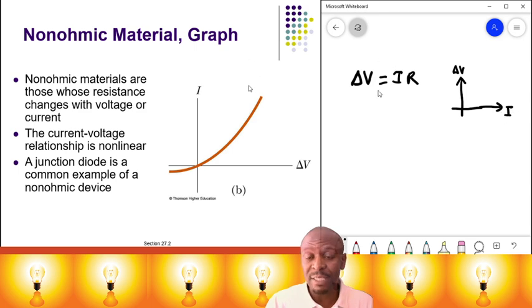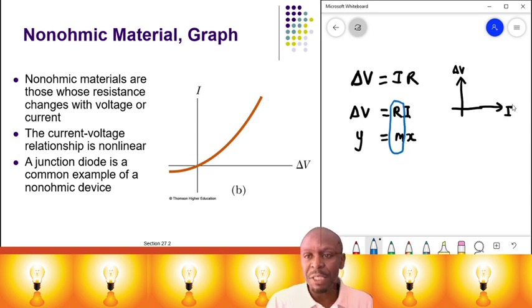In that case, the equation can be rearranged like this: change in V is just equal to R times I. Now, this is y, and this is just mx. Therefore, the slope there will just be the resistance.